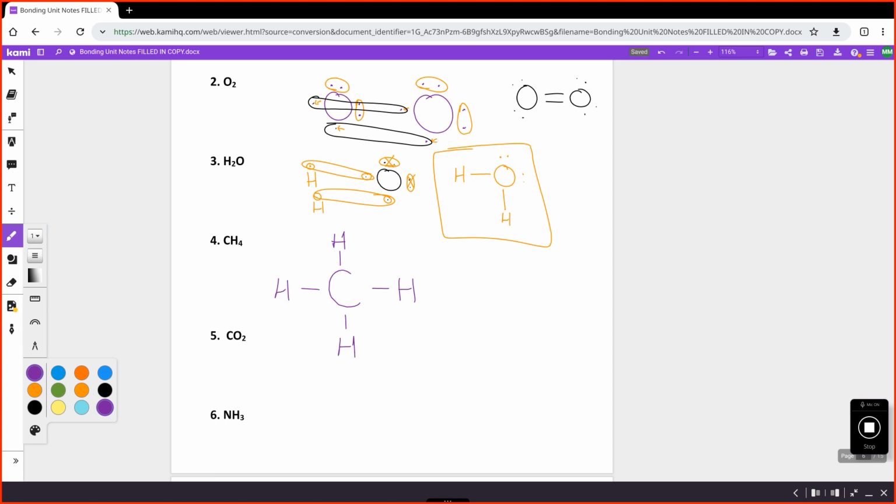That would be CH4, carbon dioxide, looking like that, and NH3, looking like that. If you are somebody who takes the New York State chemistry regents, I would say these 6 molecules are ones that you really should know and ones that you should practice drawing because they do frequently show up.